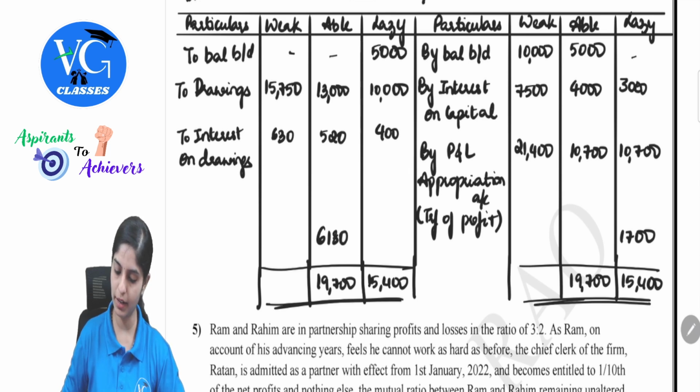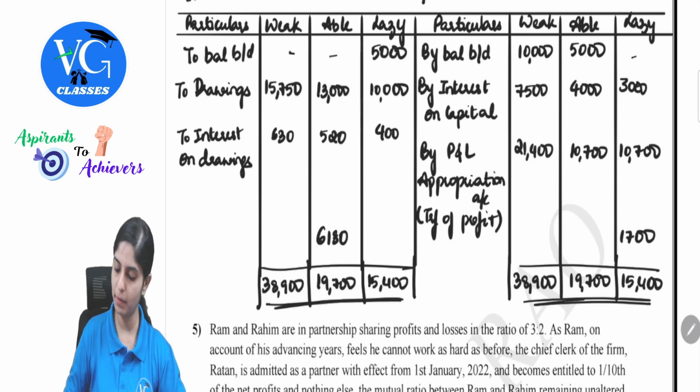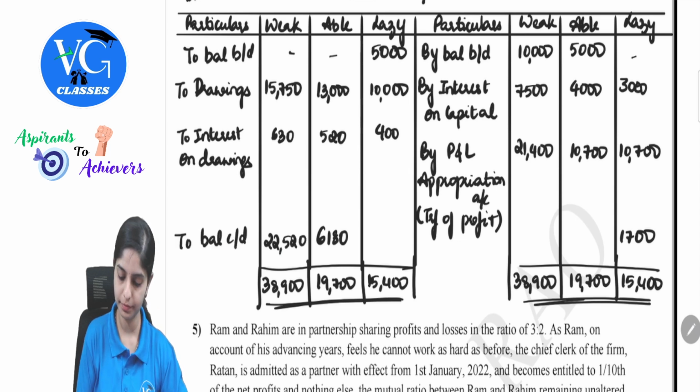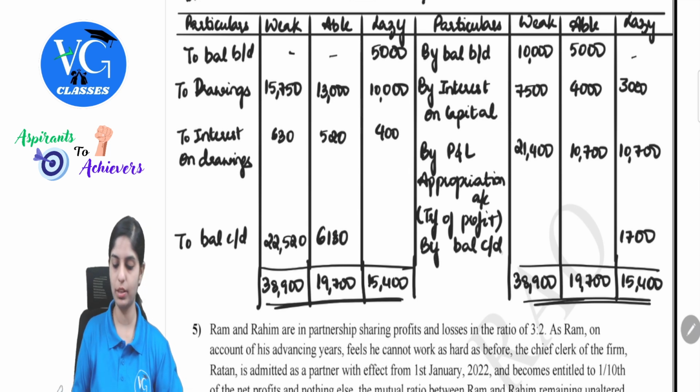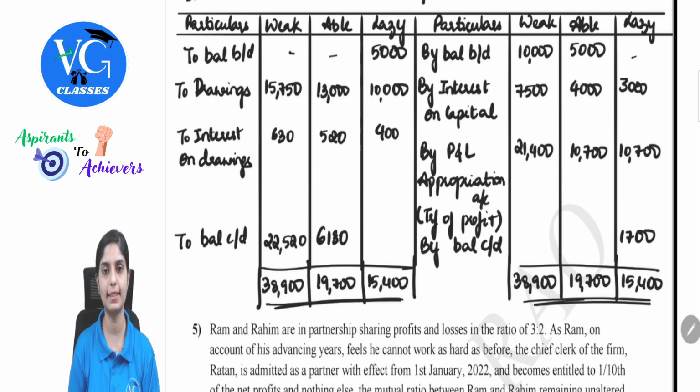For Weak, 10,000 plus 7,500 plus 21,400, 38,900. 38,900 minus 15,750 minus 630, 22,520. So to balance carried down, by balance carried down. So the same balances will be brought down for the current account balances next year.